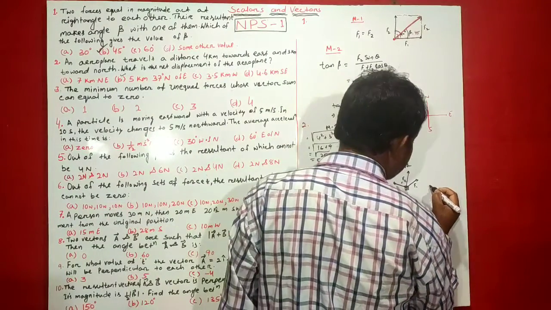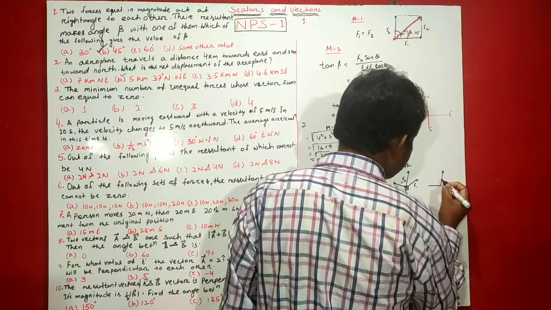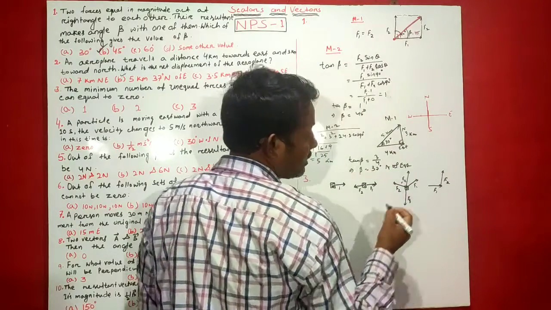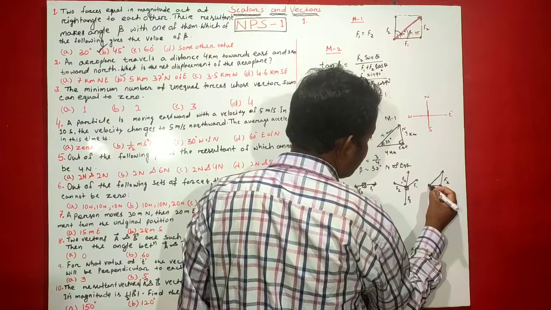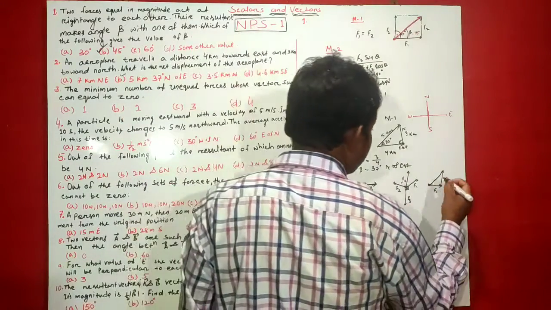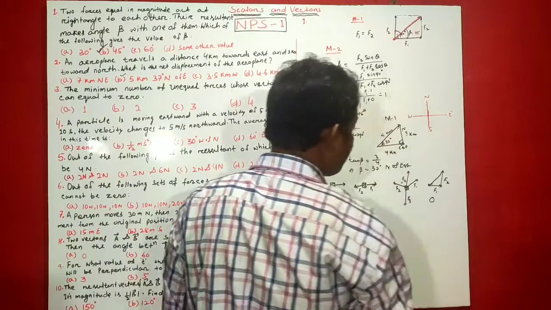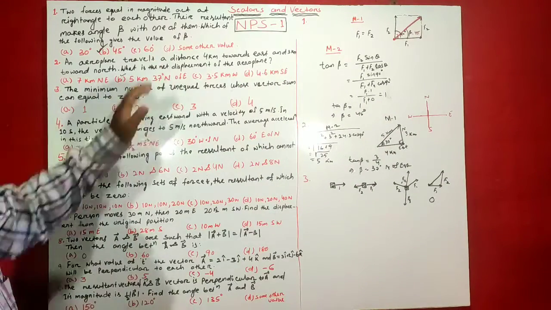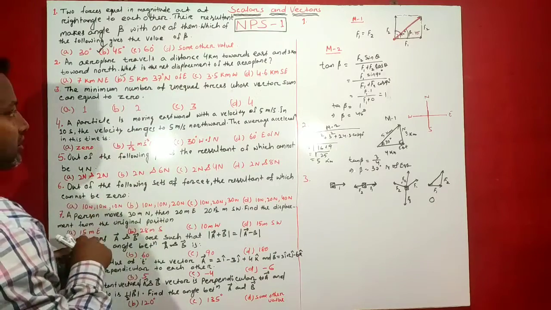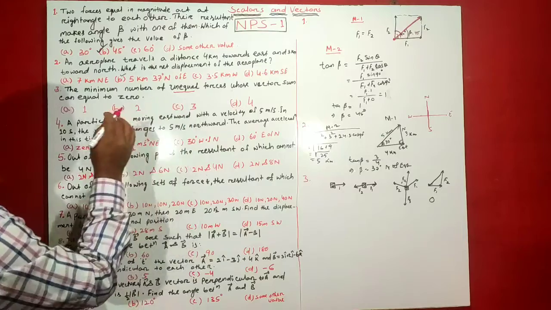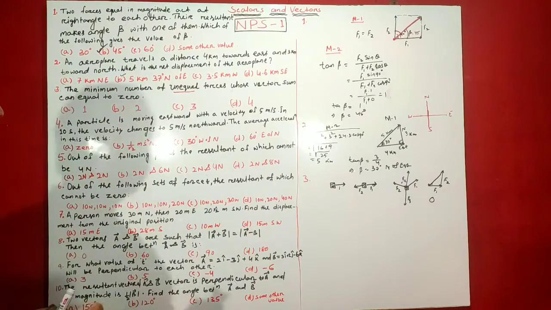On the other hand, the 3 forces can be represented by the 3 sides of a triangle taken in the same order, so their net resultant will be 0. In this question, if we erase this one, then the answer would be 2.